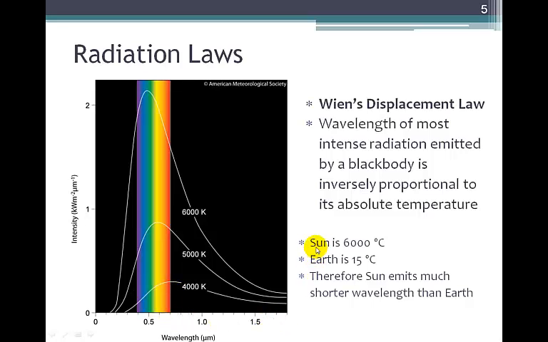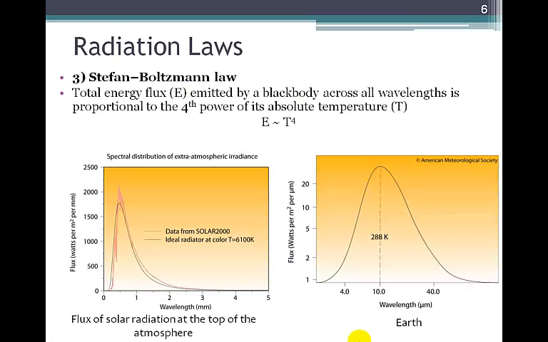So something like the sun, which is 6,000 degrees Celsius, compared to the Earth, which is 15 degrees Celsius on average, that means that the sun emits energy at a much shorter wavelength than does the Earth. So the hotter the object, the shorter the wavelength of maximum emission. That's Wien's displacement law.